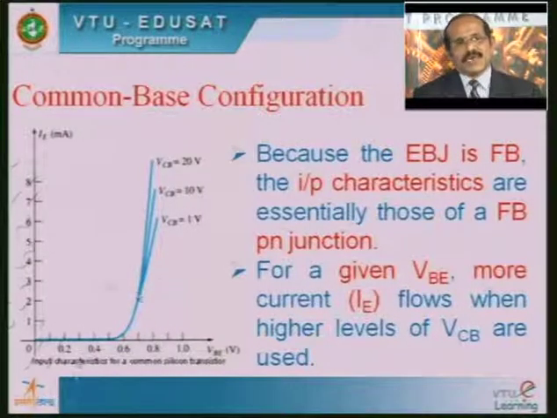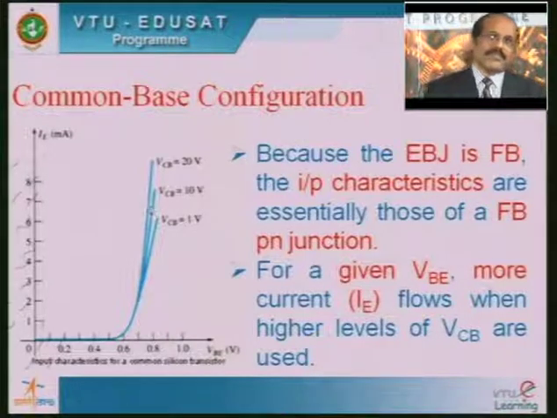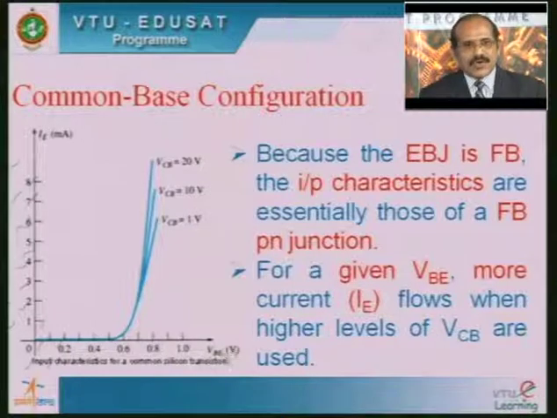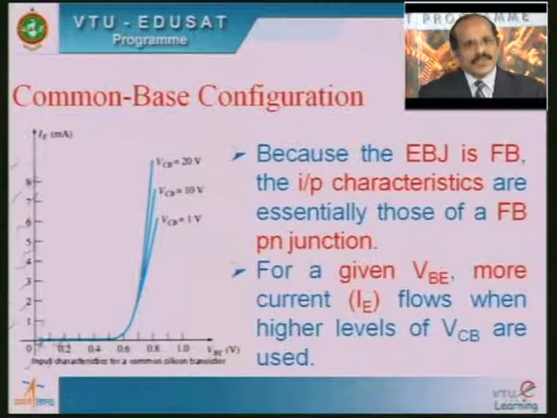Therefore, the input characteristics of the common base configuration are almost similar to those of a forward biased PN junction. You can see that until VBE, the input voltage, becomes equal to the cut-in voltage, the current will be 0.